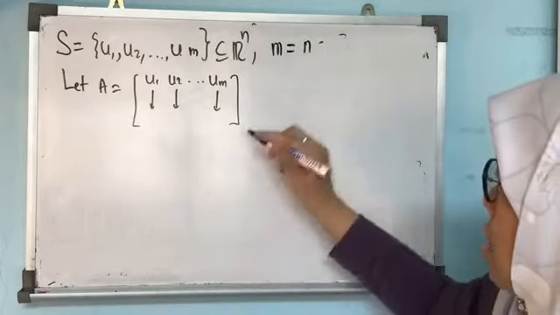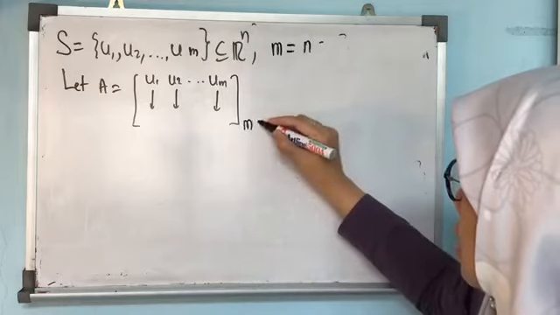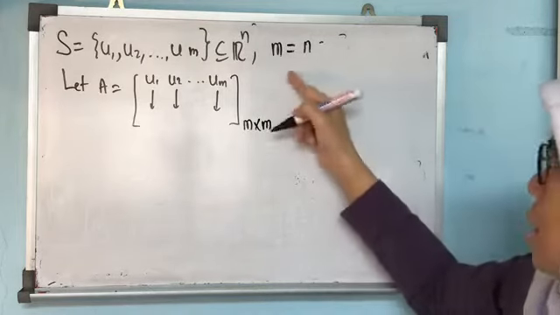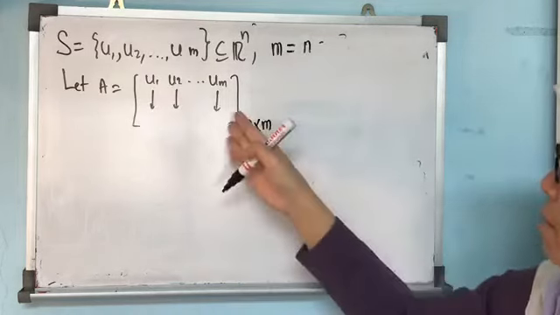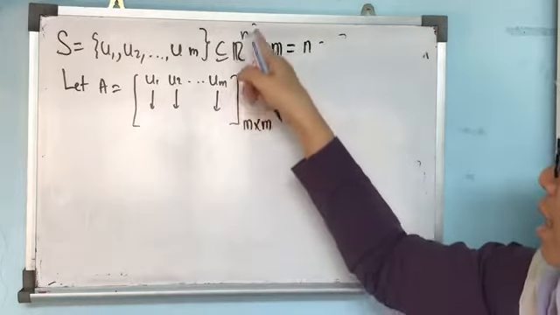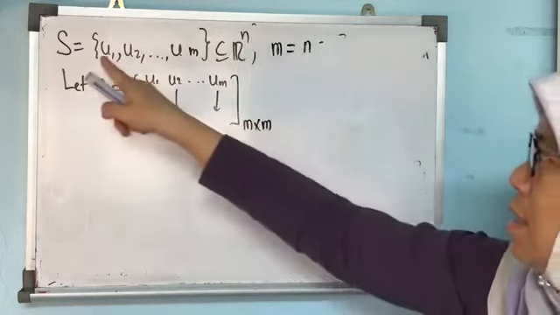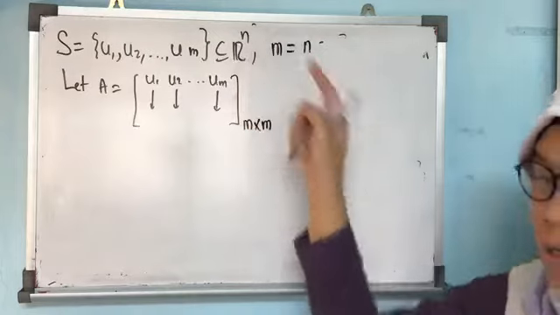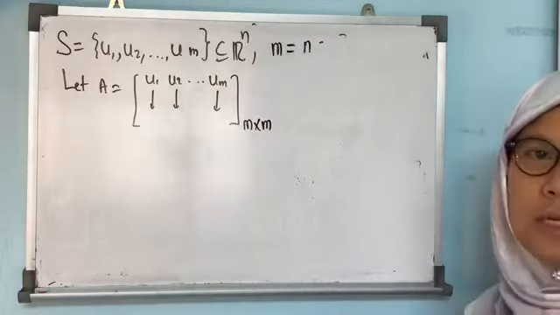So A turns out to be M by M because they are equal, right? There are M of them. Each one is in Rn. Like there are 3 in R3. So you will get a square matrix.